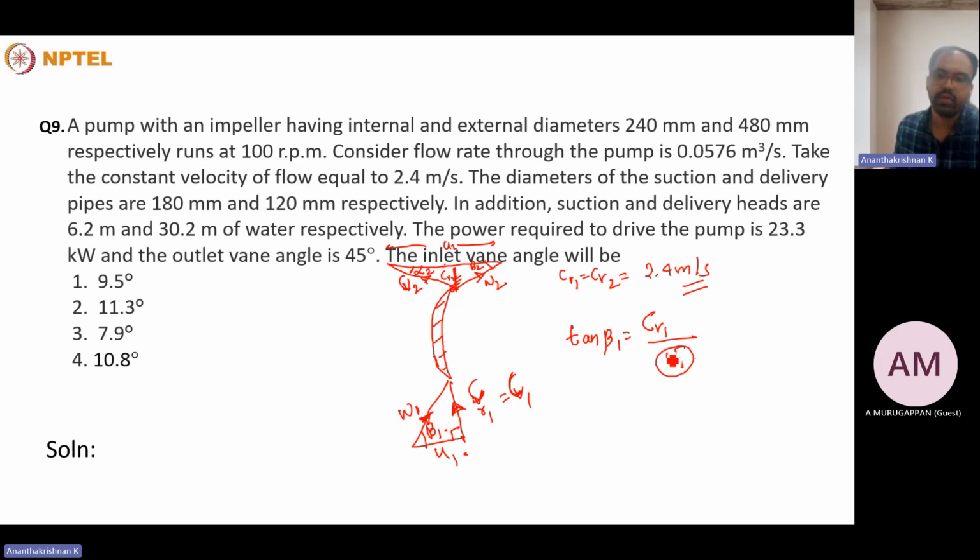CR1 is given as 2.4. If you calculate U1, we can get tan beta 1. U1 is the tangential blade velocity at the inlet. So U1 is given as pi into D1 into N divided by 60.